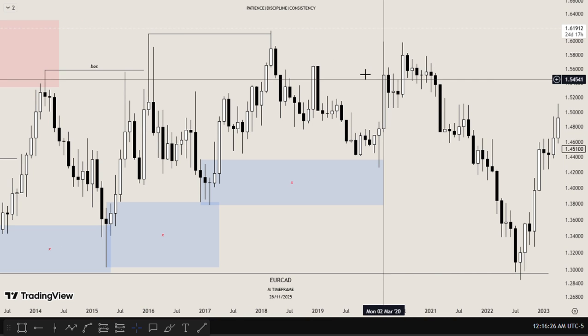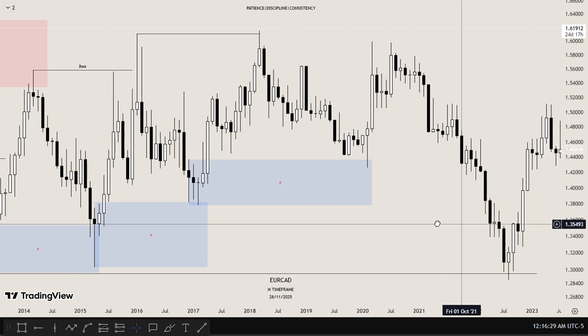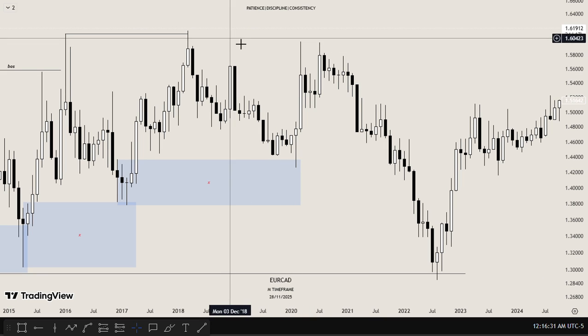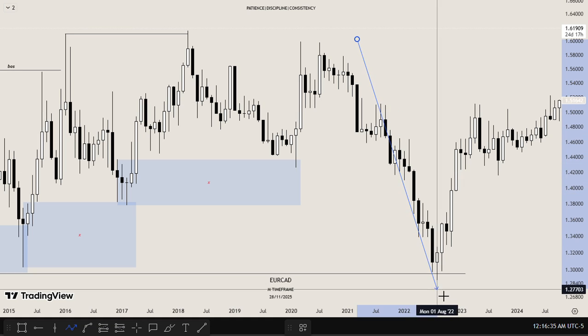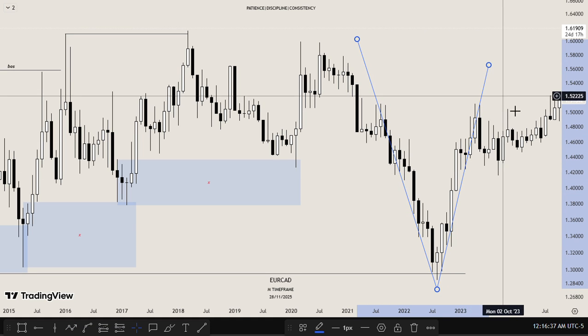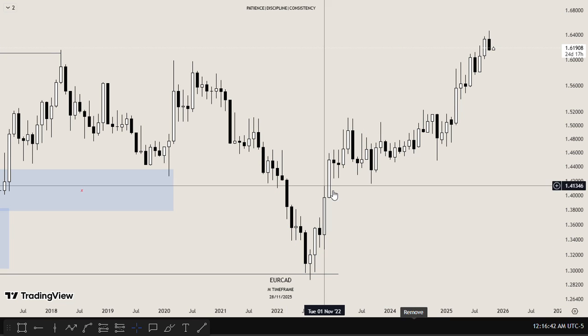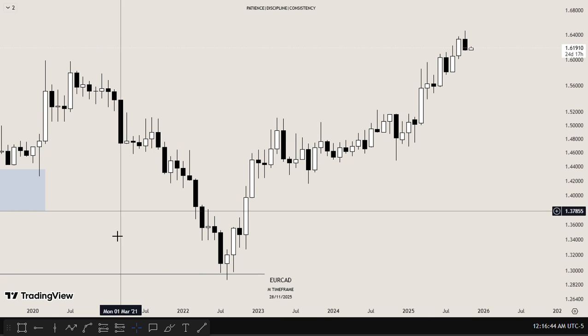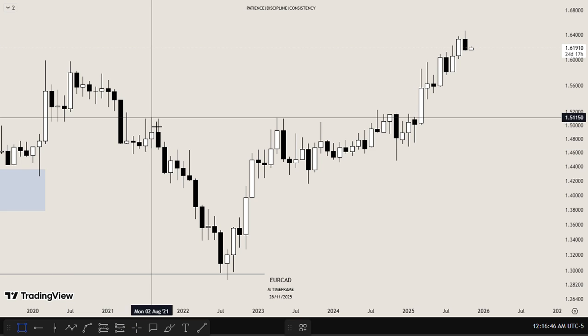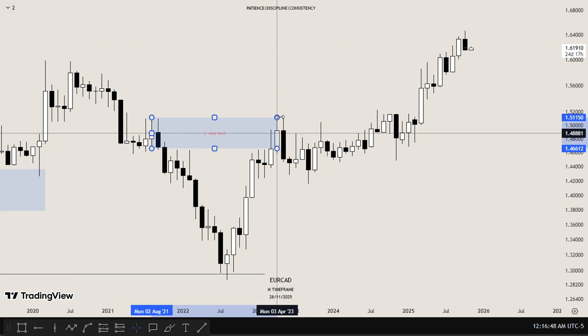As you can see. Then we have a false move down, inducing sellers. This inducing sellers, then market goes against them. So this tells us that the highs are going to be false reactions to sell from.